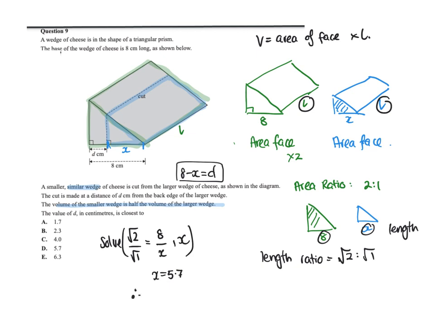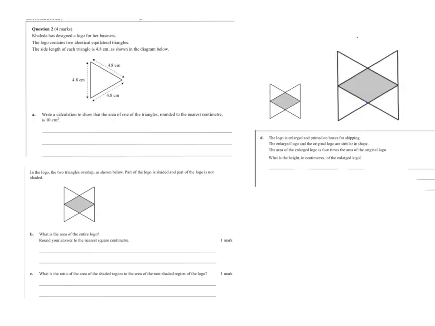So therefore 8 minus X equals D. So 8 minus 5.7 equals 2.3. There's our answer.